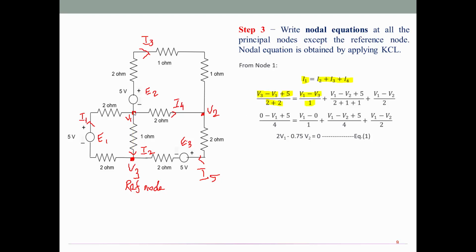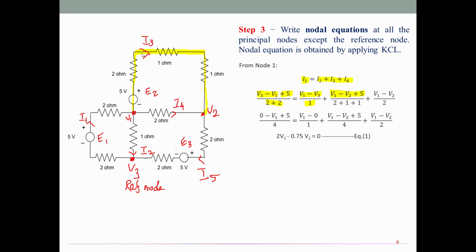Then I3 is flowing between V1 and node 2, in fact V2. So V1 minus V2. On this path, once again I have a 5 volt source, current leaving the positive of the 5 volt source, plus 5.